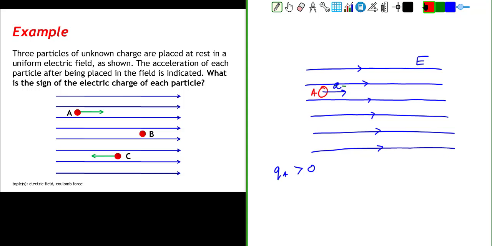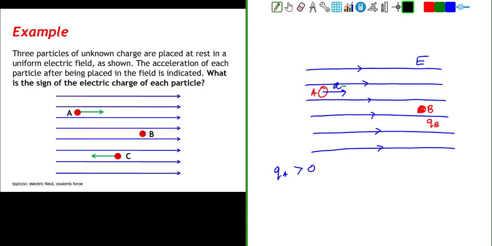Let's look at charge B. Is charge B a positive charge, a negative charge, or has zero charge? Well, since charge B has zero acceleration, we know there is zero force acting on it.